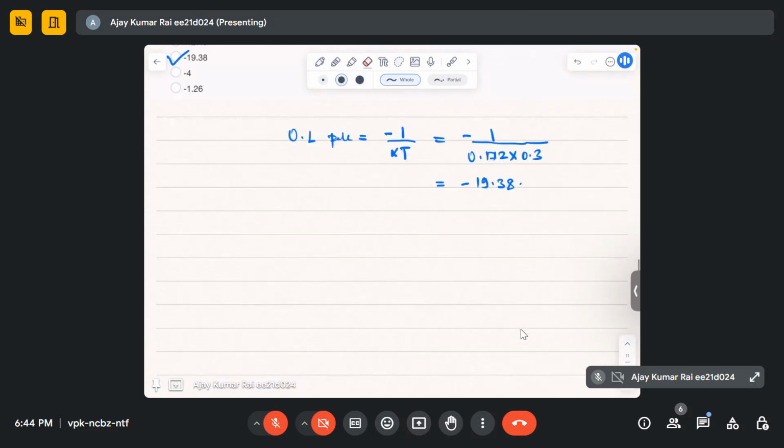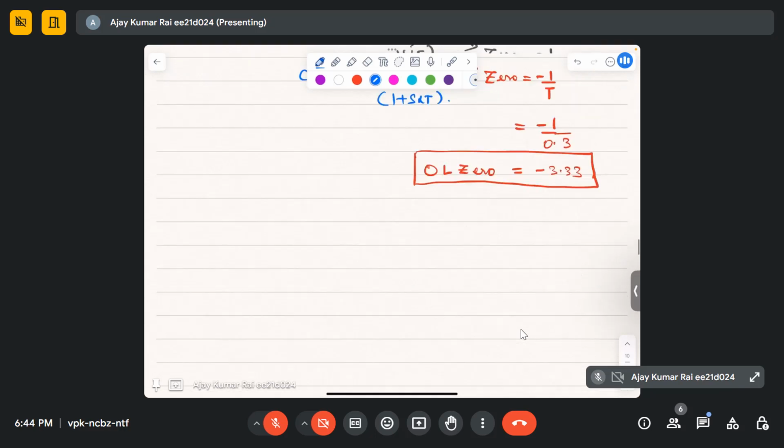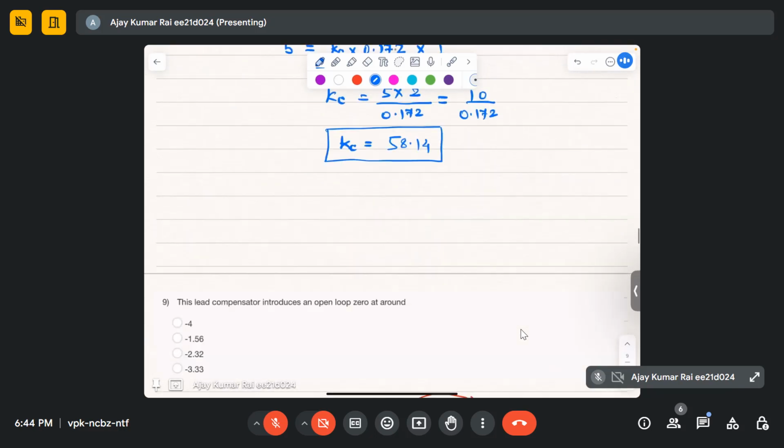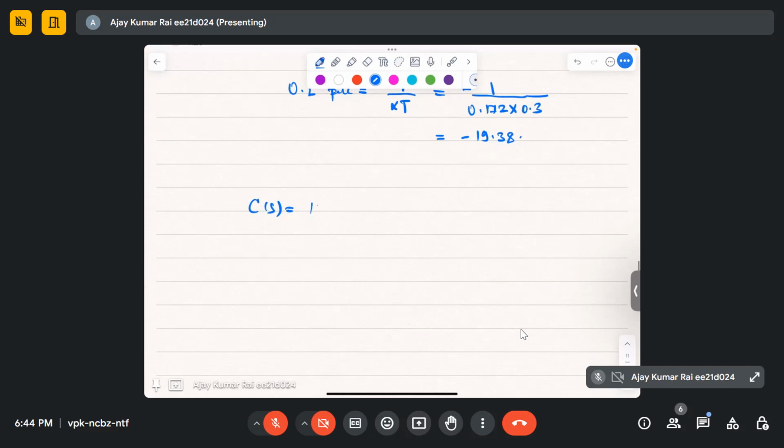Let me write here the entire transfer function for the lead. What was the Kc we found out? Kc is 58.14, into (1 plus s into alpha, alpha was 0.172, into T, which is 0.3), divided by (1 plus s into T, T is 0.3).